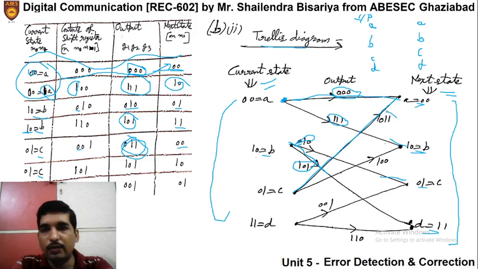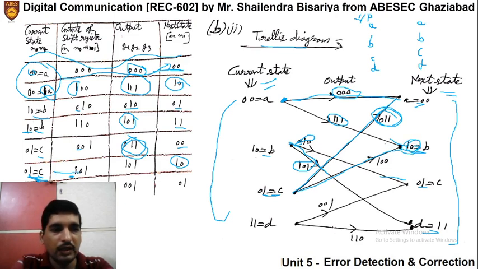And from state C, if the input is 1, the state is 1 0, and the corresponding output for this case is 1 0 1. Sorry, I made a mistake earlier, I corrected that. The corresponding output is 1 0 0.